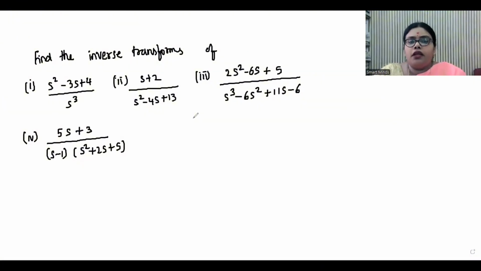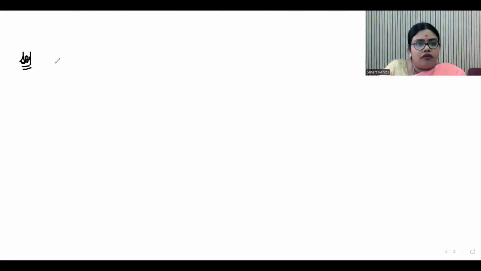Now let us find the inverse transforms of these 4 bits. So these are the 4 functions whose inverse transforms we need to find out. First, let us take the first bit. We need to find L inverse of (s square minus 3s plus 4) by s cube.